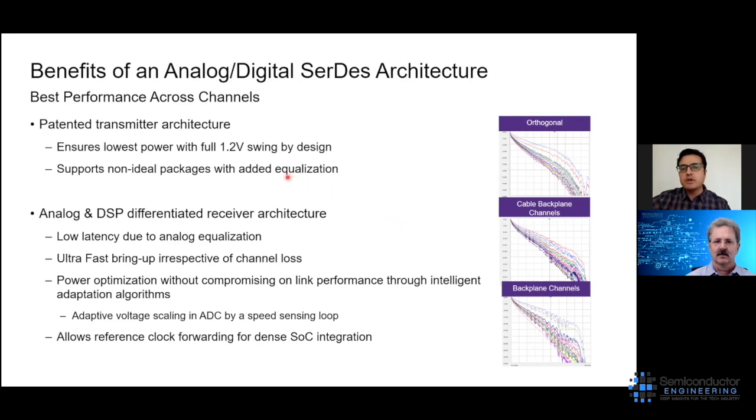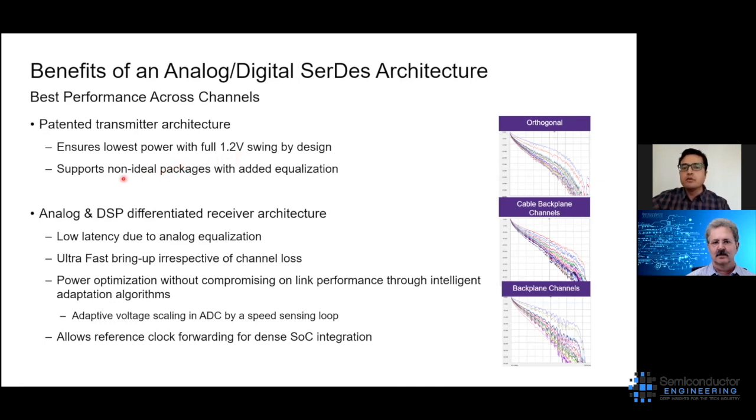With this, you need to have analog optimization in addition to best in class digital signal processing. For example, the transmitter needs to ensure that the lowest power is met with a full 1.2 volt design. This needs a lot of design innovation in terms of implementation of 1.2 volts in a complex tech SoC.